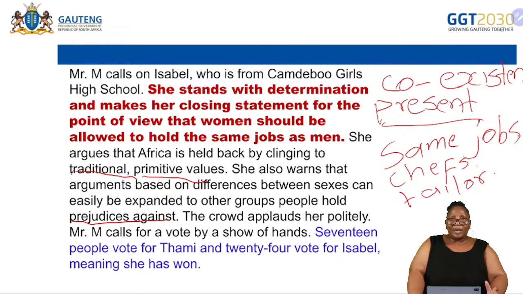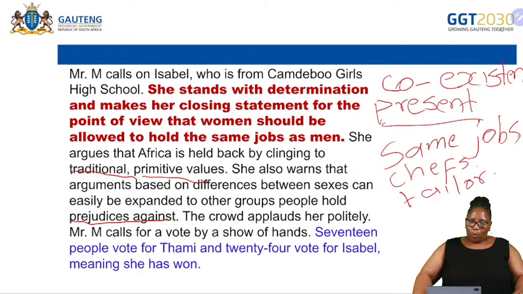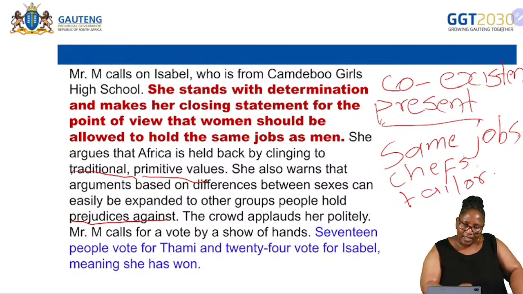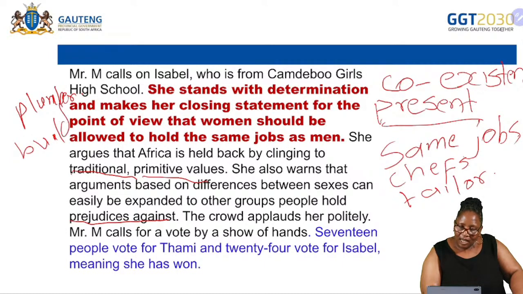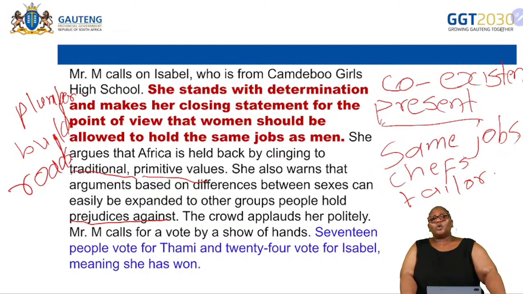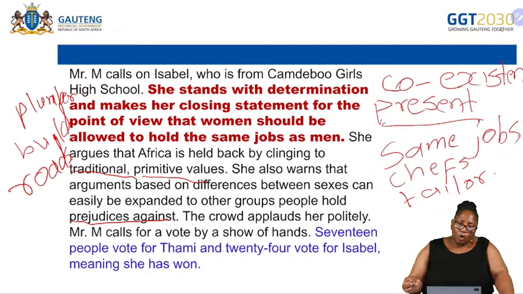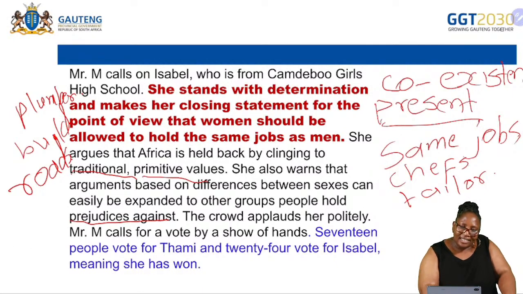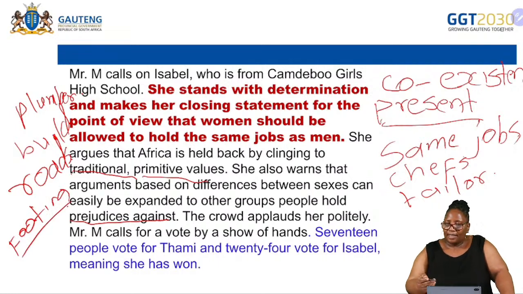And I hope you have come across women who work as plumbers or who can build houses or who work in the roads. In your classes back at school, when you do your maths, you're competing on the same footing. We don't have maths for girls and maths for boys.